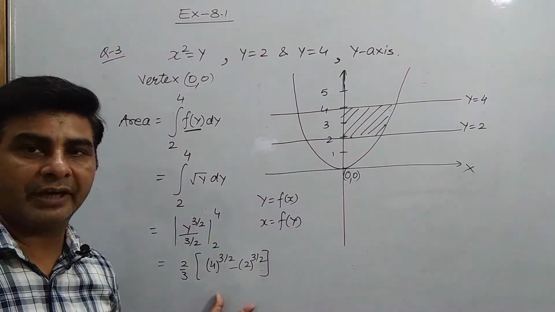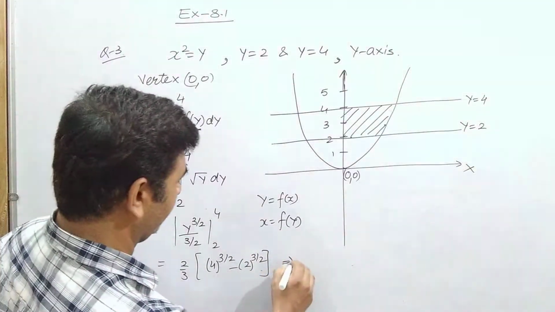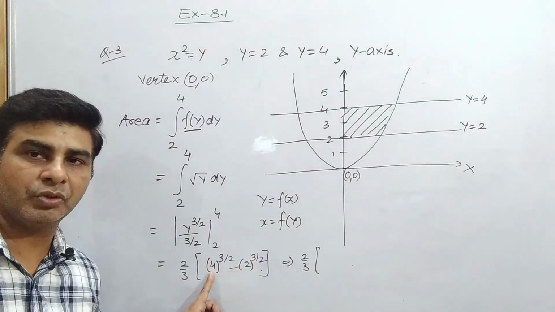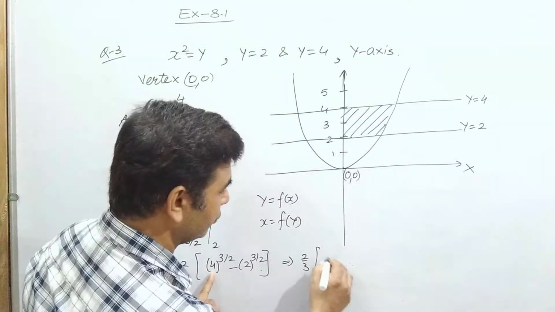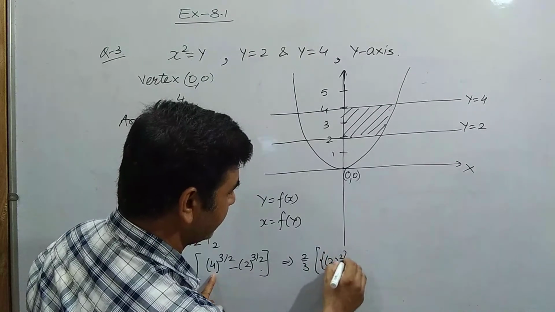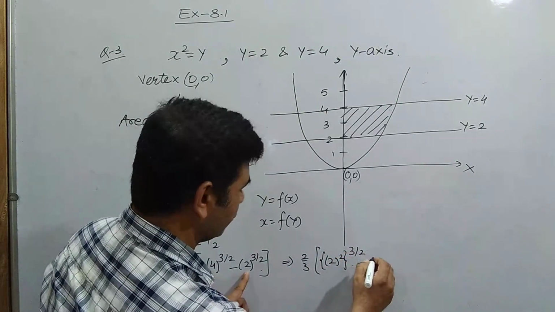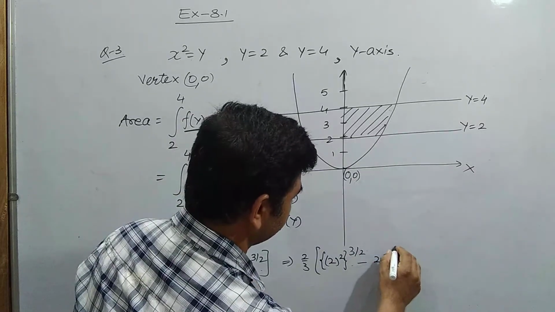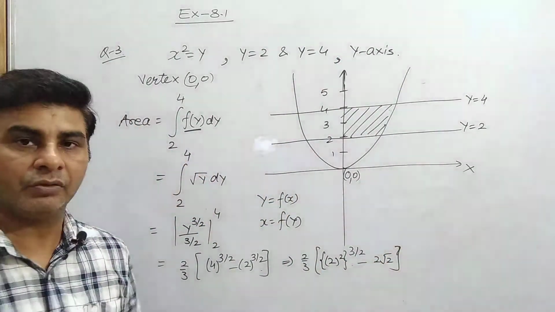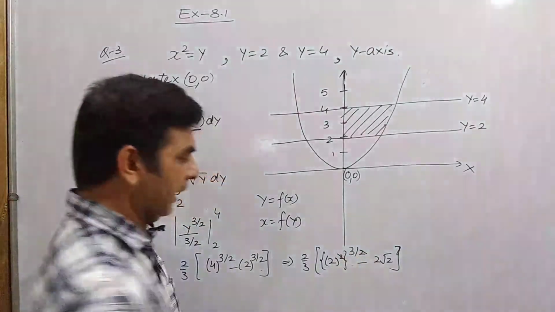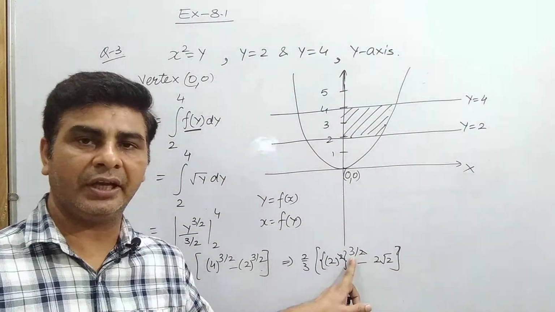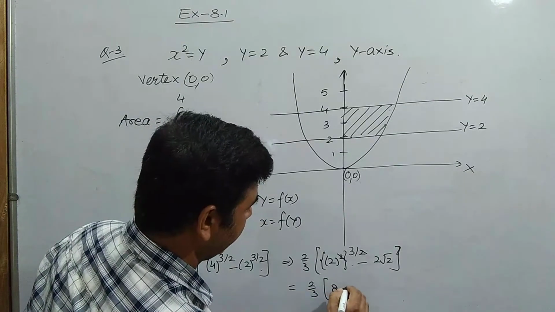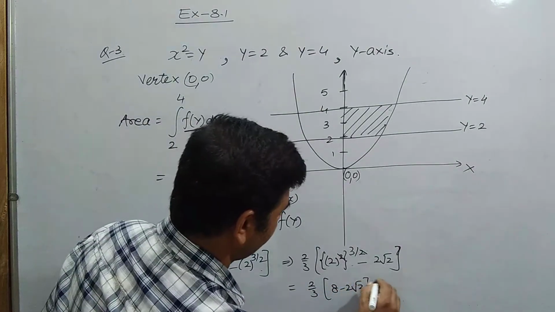Further, which can be simplified as 2 by 3. 4 can be written as 2 square, so 2 square to the power 3 by 2, minus 2 to the power 3 is written as 2 root 2. Now this square will cancel out, and 2 to the power 3 will remain as 8. So the answer is 2 by 3 into 8 minus 2 root 2 square unit.